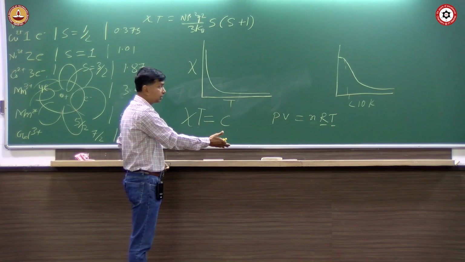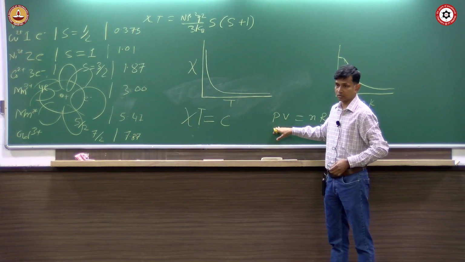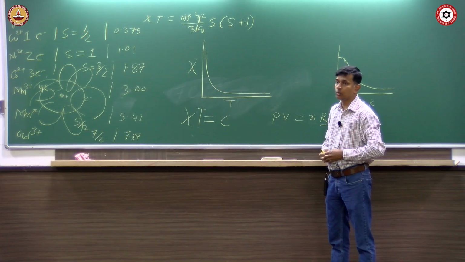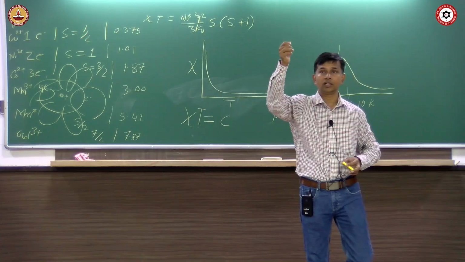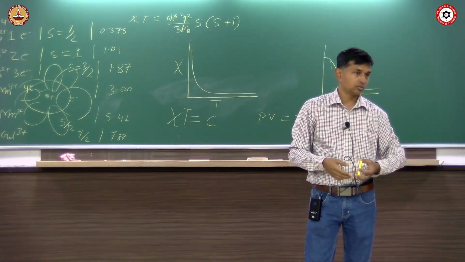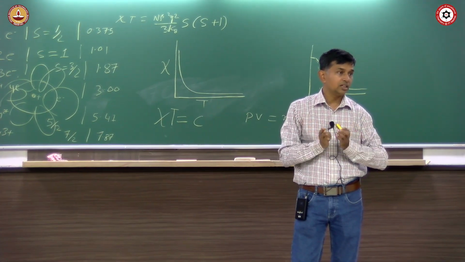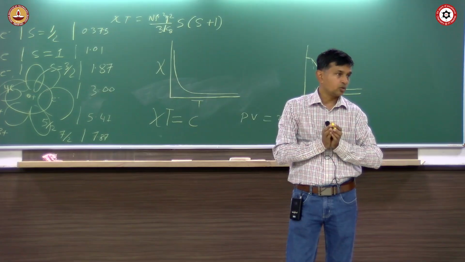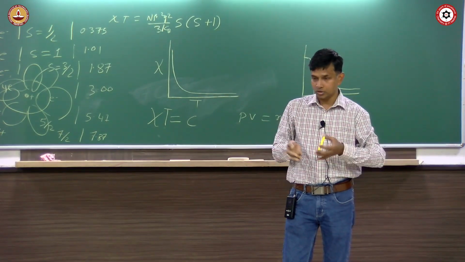Similarly for PV equals constant, at very low pressure the volume will be booming. If you take a drop of water into space, where nothing is there, it will blast into molecules. The hydrogen oxygen bond will not break, but the intermolecular forces are not strong enough to hold them together as in your bottle or your body.